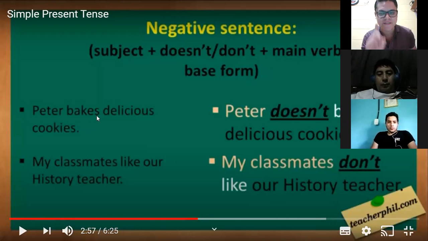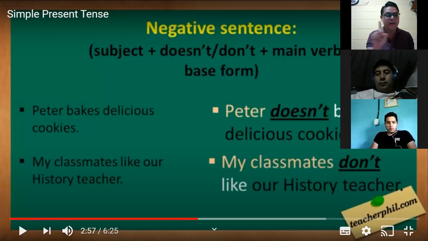Only in positive sentences. But that doesn't happen when you have a negative form. When you have a negative form, even though you have Peter, which is a third person, you use the base form of the verb. Don't add the letter S. Why? Because you already have the auxiliary.